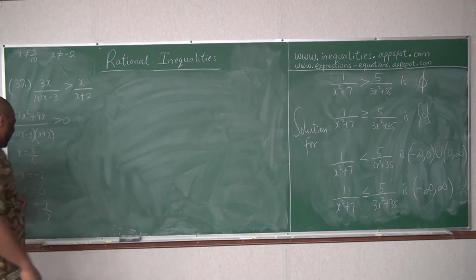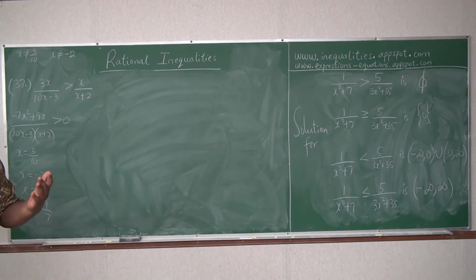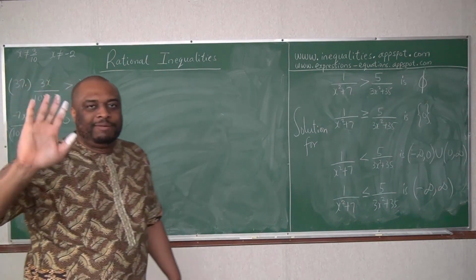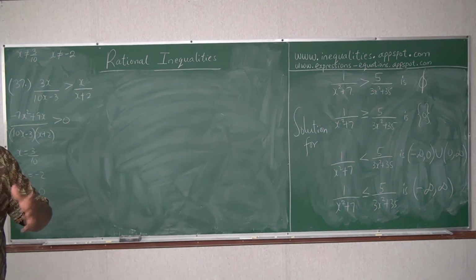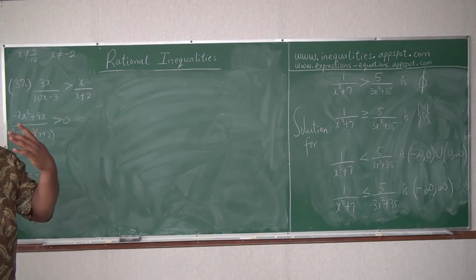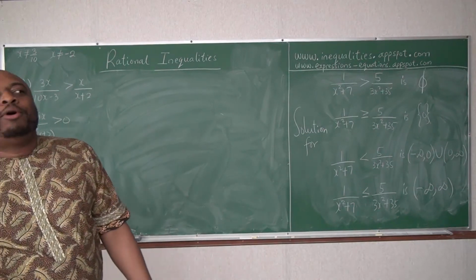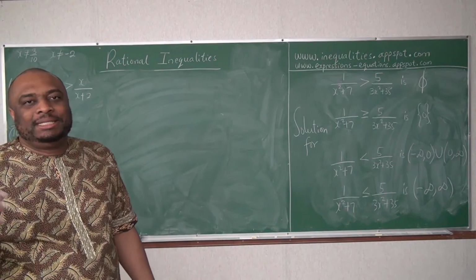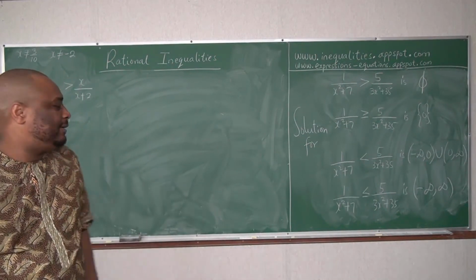If we have 4 test points, how many test intervals shall we have? 5. Okay, we have to have 5. 4 test points gives us 5 test intervals.